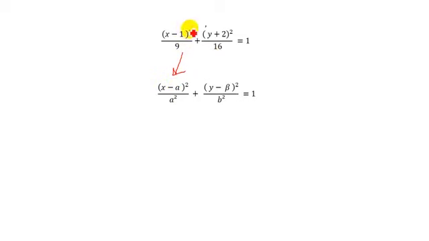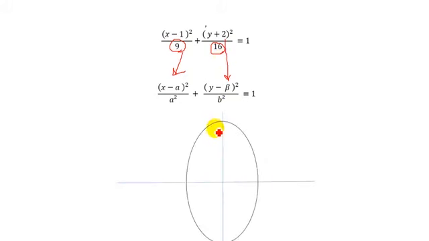So alpha will be 1, and beta will be minus 2, and a is this and b is this, so a equals 4 and b equals 3, so our axes will be like that.